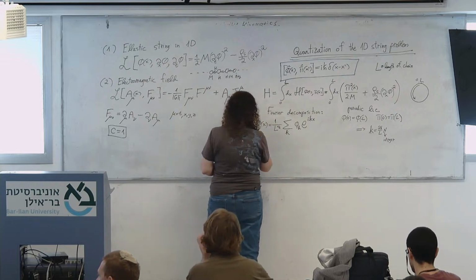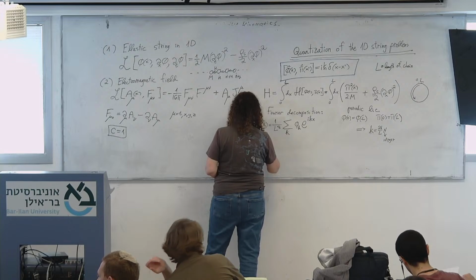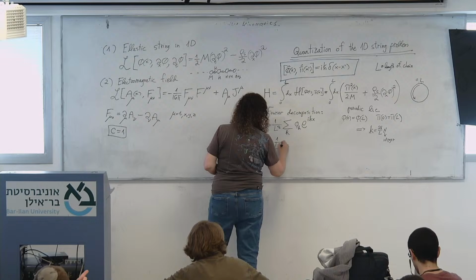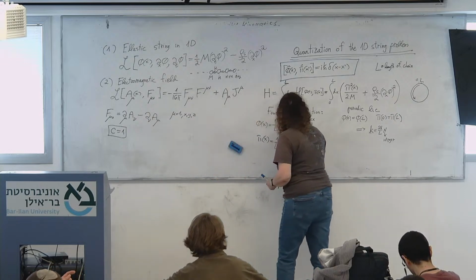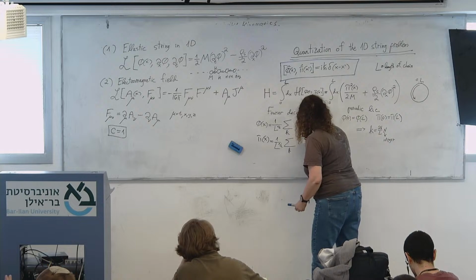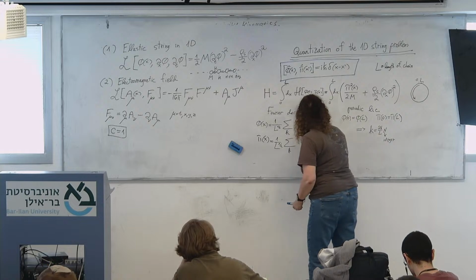So if this is phi of x, we're going to do the same Fourier decomposition for the pi's, but there is a little difference.